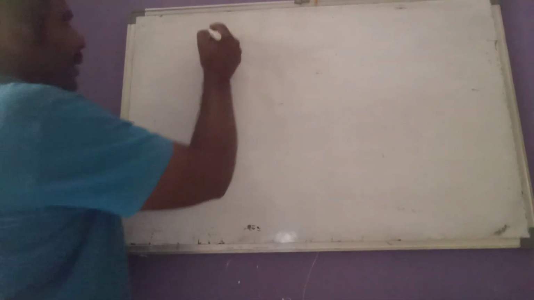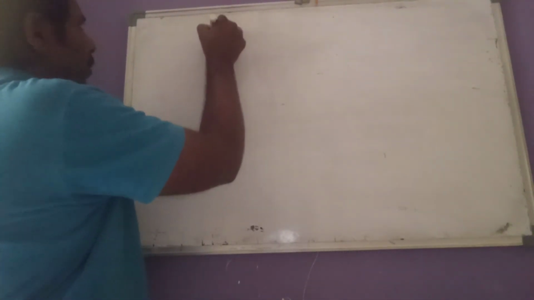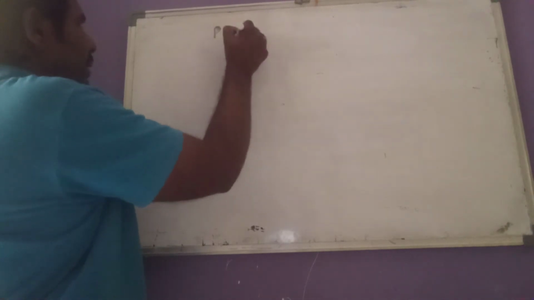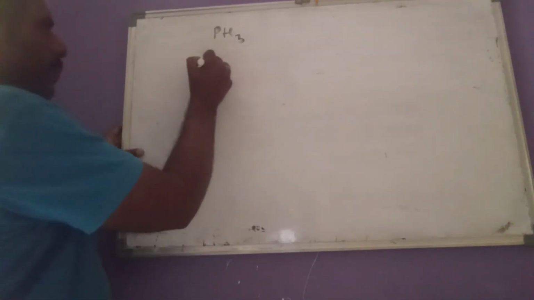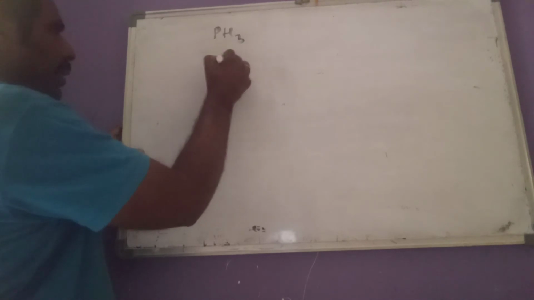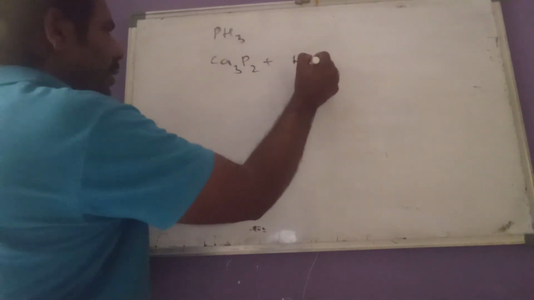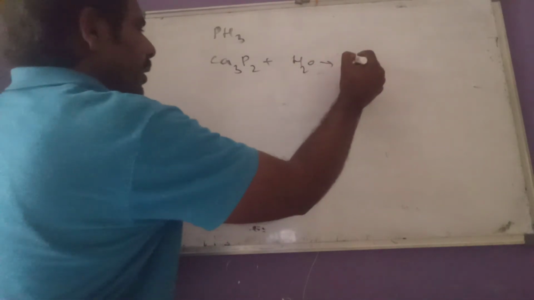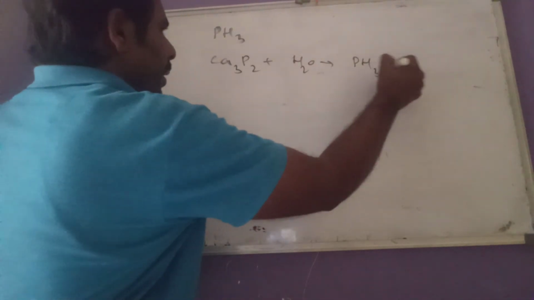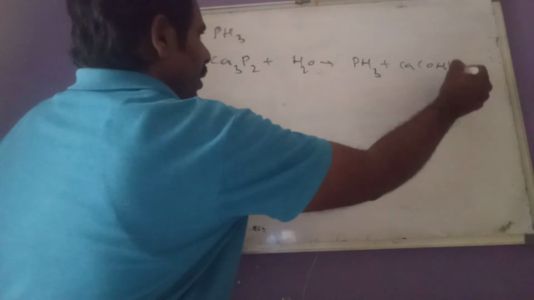Let us see here. Phosphine formula, we know it is PH3. Now, what is its preparation? See here. Calcium phosphide, Ca3P2, when treated with water, what can we get here? Phosphine plus calcium hydroxide.